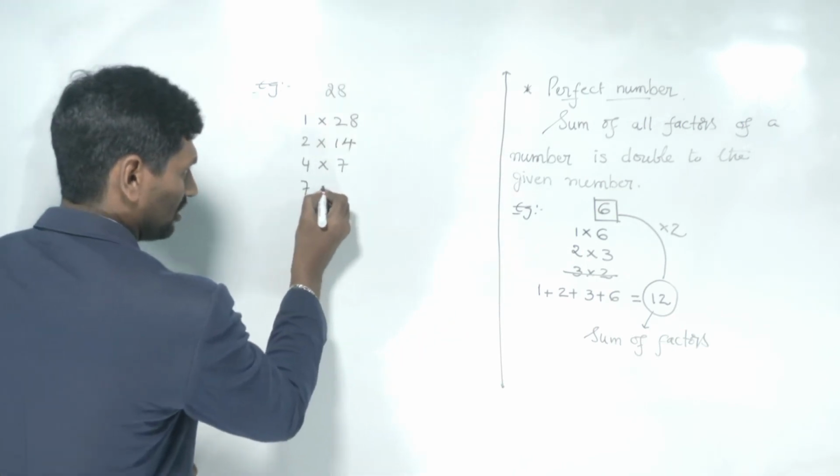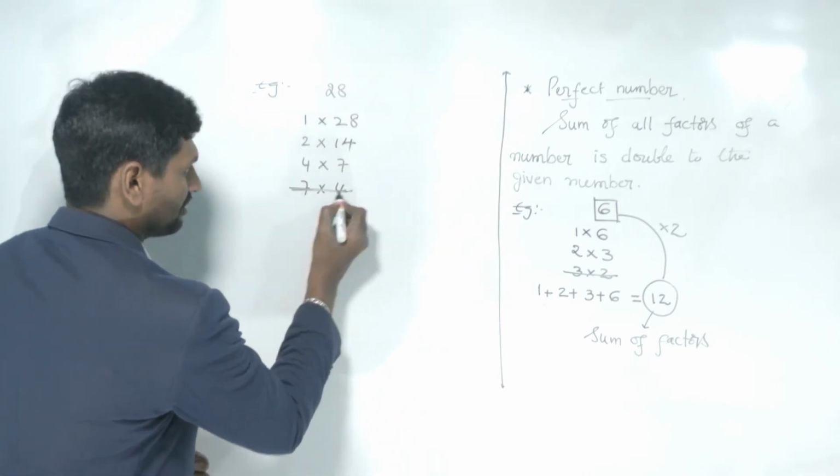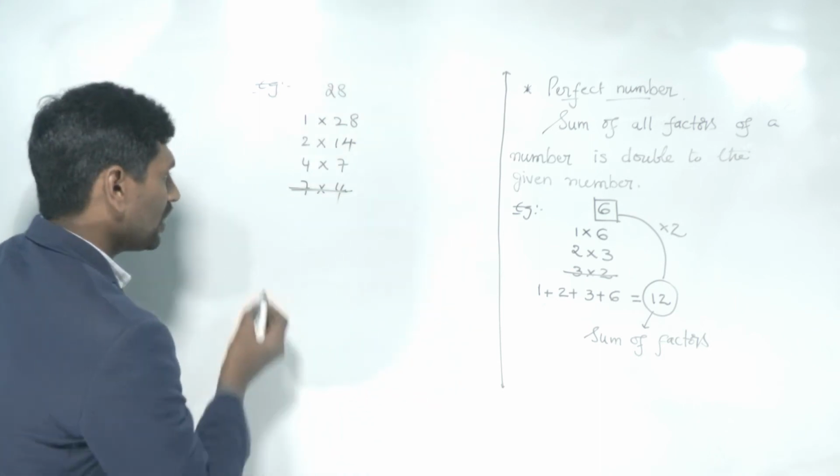Again 7 table. 7 4s 28. 4 7s, 7 4s. It is repeating. We can stop.